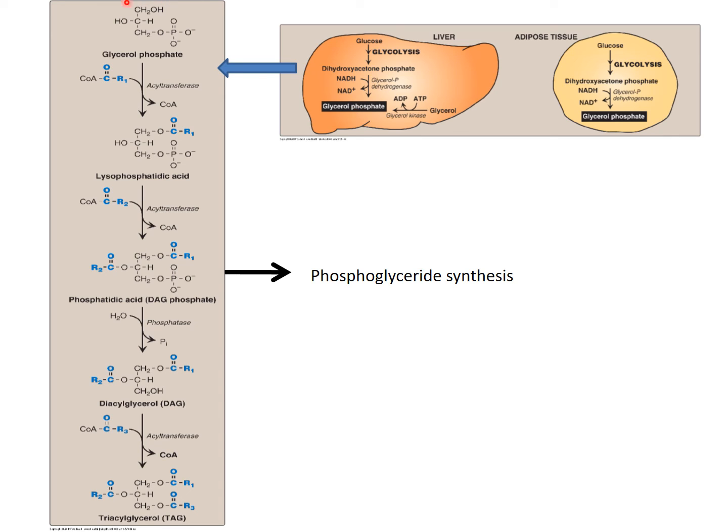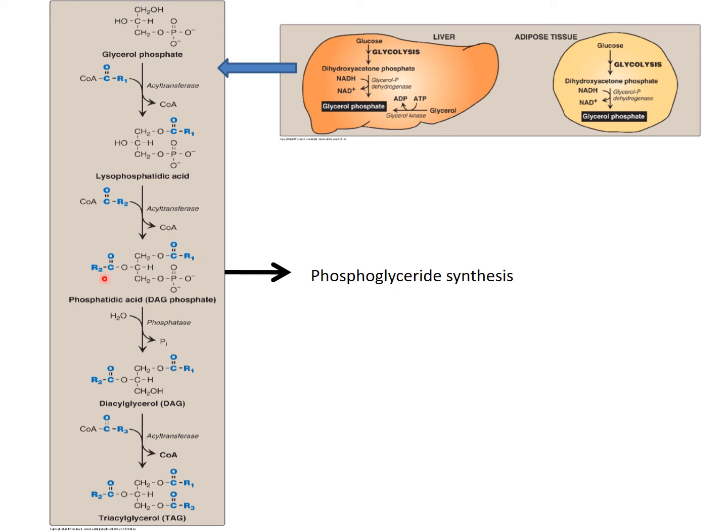So we have the active glycerol in the form of glycerol phosphate, and we have the activated fatty acid in the form of fatty acid coenzyme A, and they will react with each other. One fatty acid is bound to the glycerol phosphate. We call it lysophosphatidic acid. Then another fatty acid will be esterifying glycerol, and we call it phosphatidic acid. And I would like to stop here for a second.